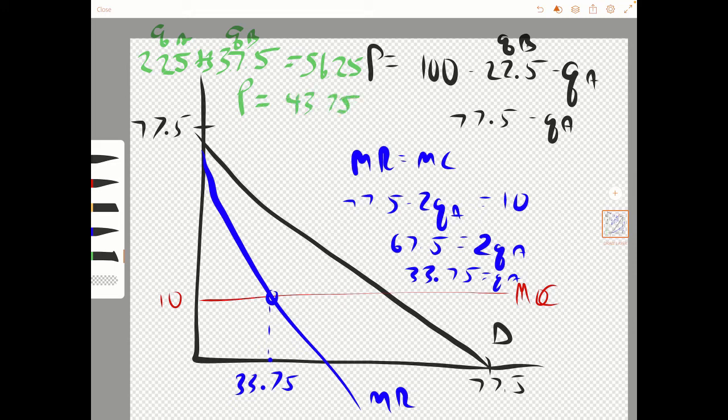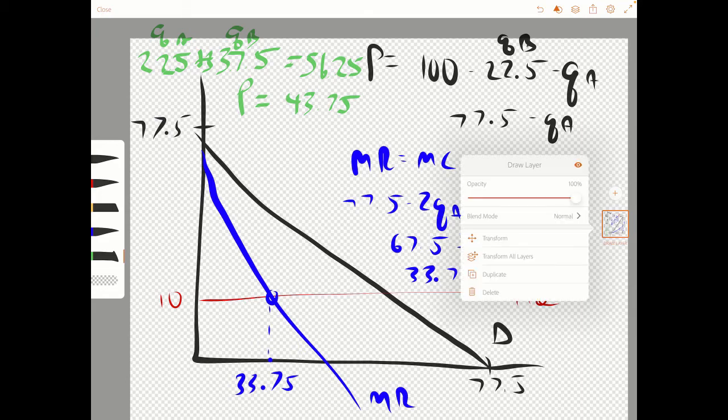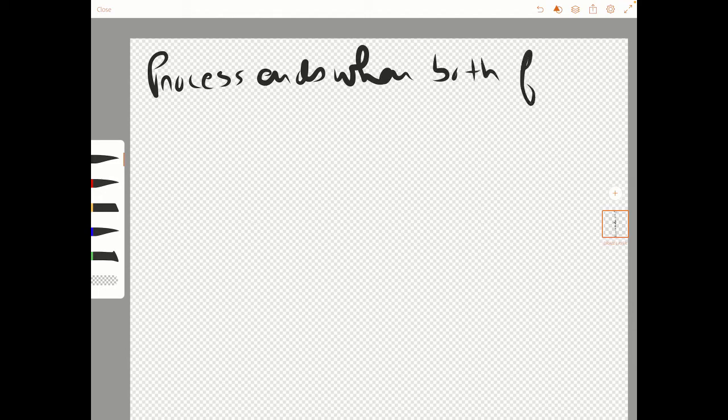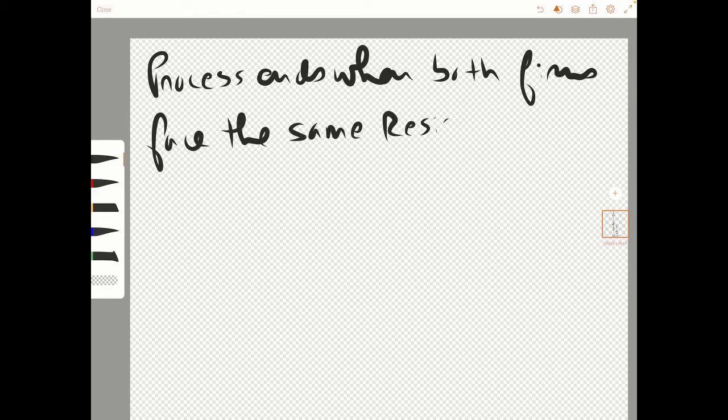So what's going on here is we're just going back and forth, seeing how one firm responds to what the other does. And this goes on and on and on. We could continue this onwards until both firms face the same residual demand curve. So the process ends when both firms face the same residual demand.